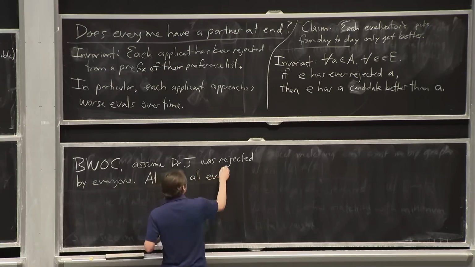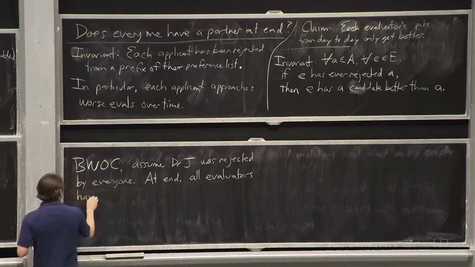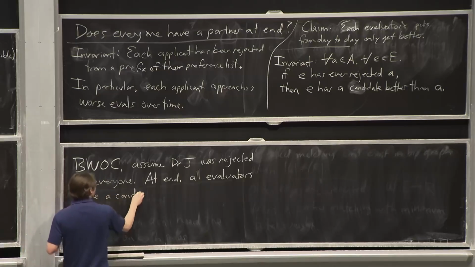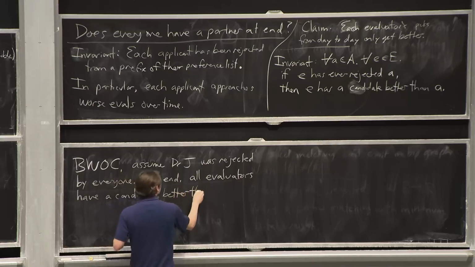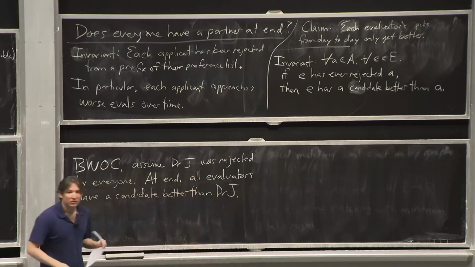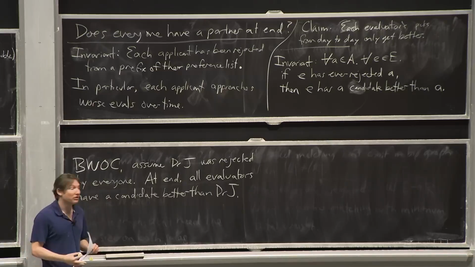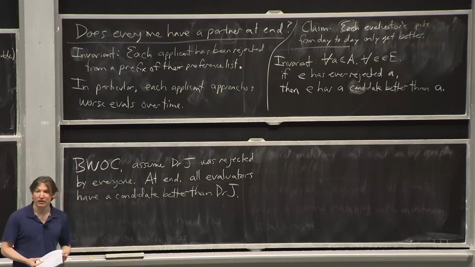All evaluators have a candidate better than Dr. J. So we know we finish, and when we finish, all of the evaluators end up paired with someone better than Dr. J.